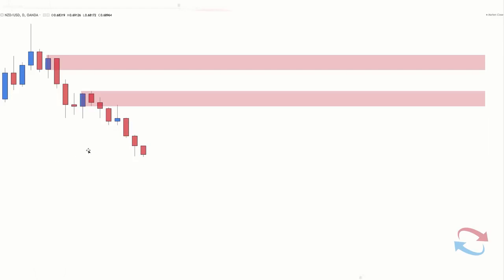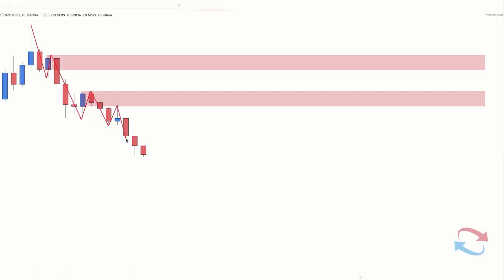And as price again makes a new lower high and lower low in the sequence, as you can see, what we're doing is coming down, putting in a swing, coming down, putting in a swing.